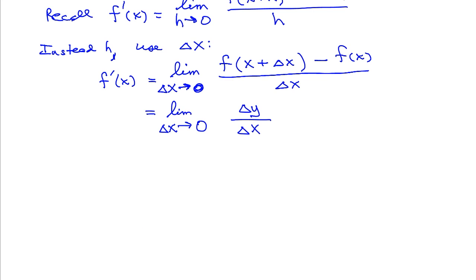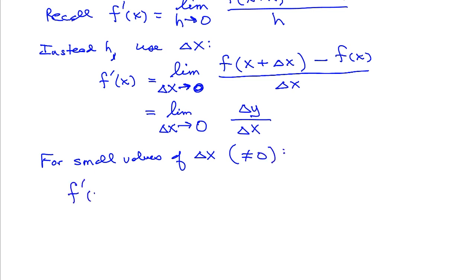So what we say here is, for small values of delta x that are not equal to 0, and that's important, the derivative is approximately delta y over delta x. So we have this approximation for the derivative.